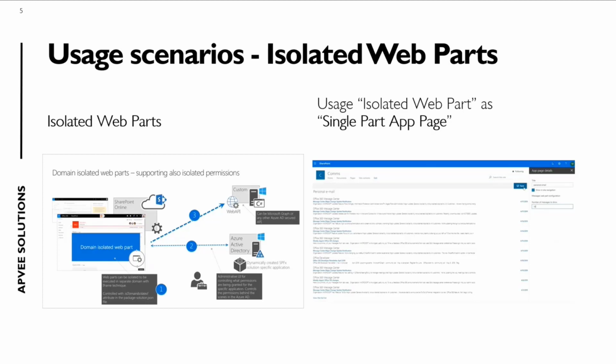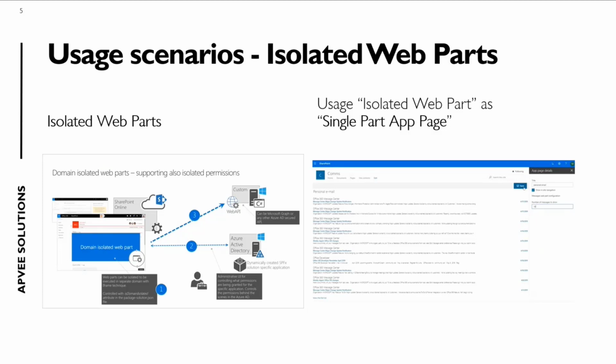Another usage scenario is the isolated web part. I don't know if you use the isolated web part, but you can use it as a single part app page, so a web part hosted inside a SharePoint page as a full web part.